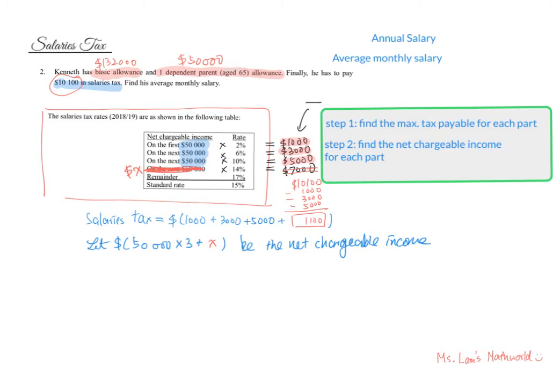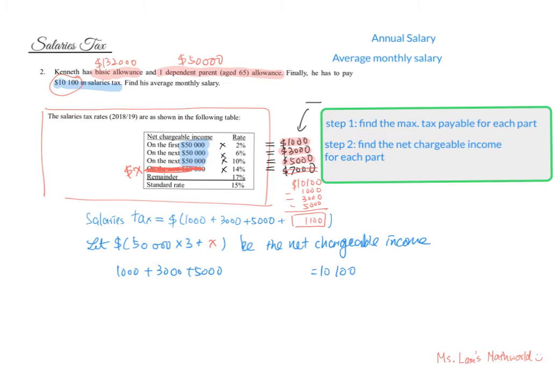And then we can form an equation by adding the tax payable for each part, and we get the sum to be $10,100. There are 4 parts, so we can copy the 4 parts here. These are the first 3 parts already for the tax.